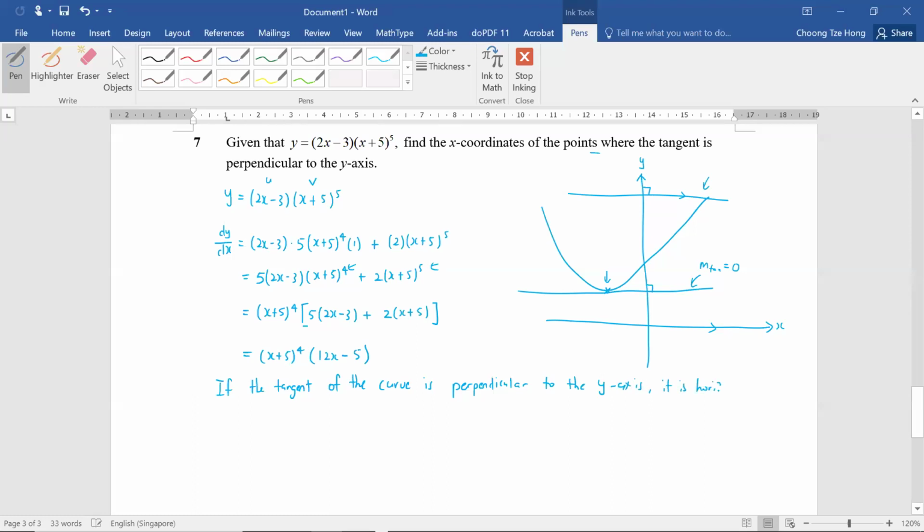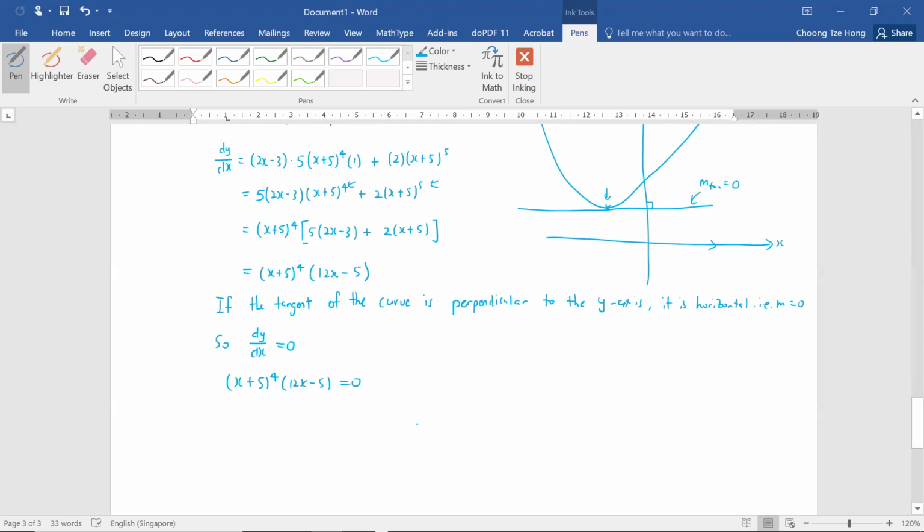So dy/dx will be equal to 0. Horizontal means, in other words, gradient equals 0, so dy/dx will be 0. So we are now going to equate the dy/dx which we found earlier to 0.